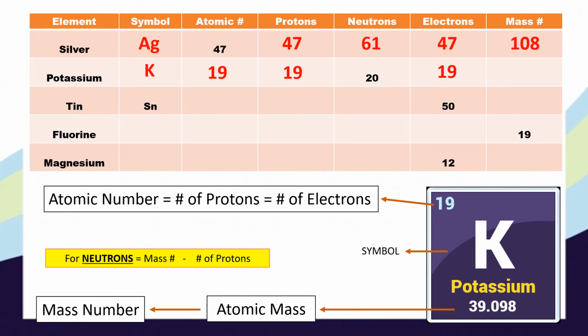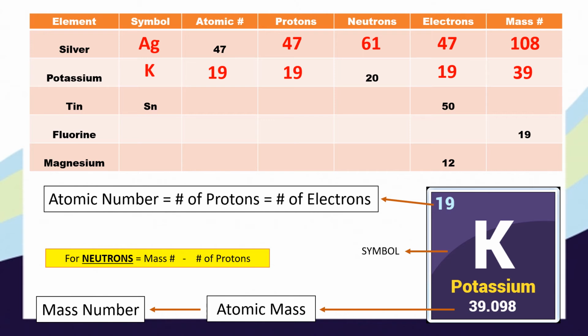Since we are looking for the mass number, from the given atomic mass, you have 39.098. Our atomic mass, when you round off, is equivalent to 39.